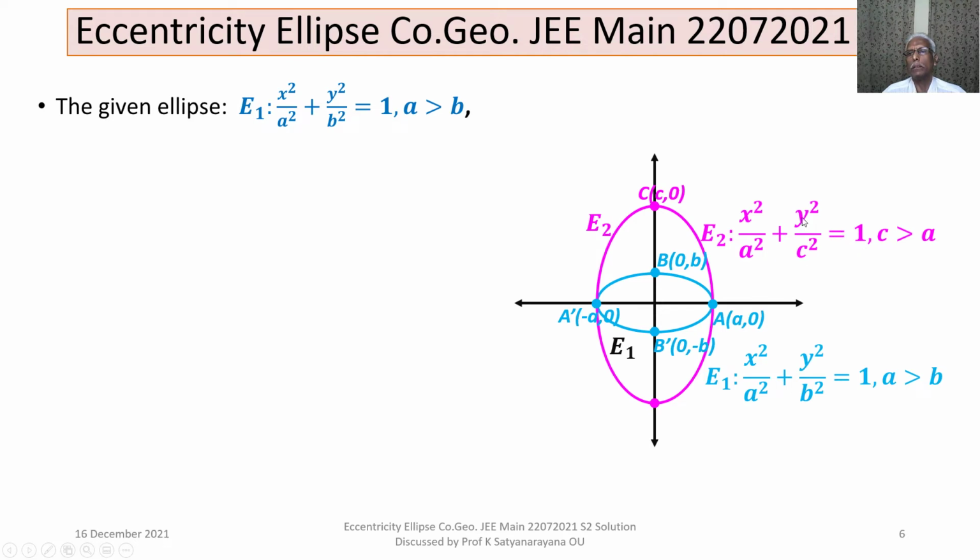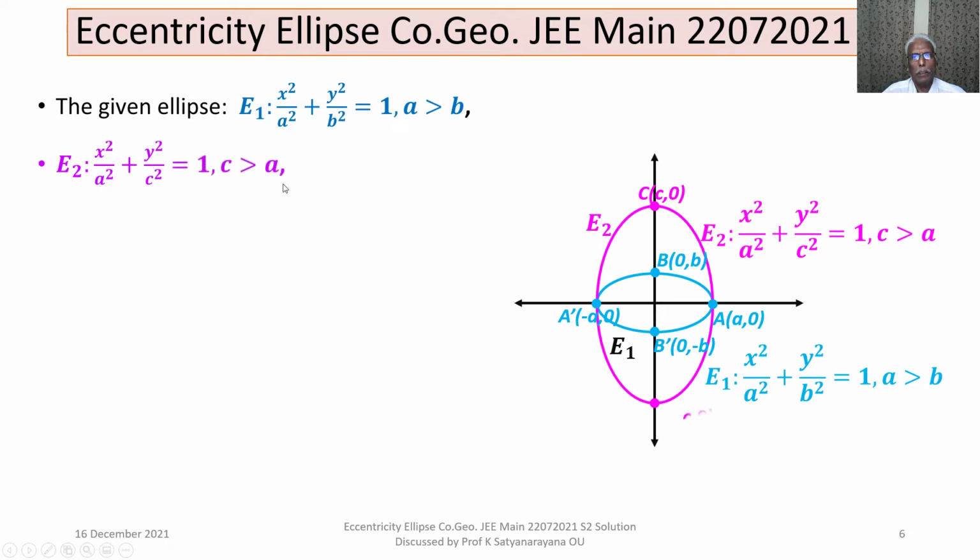If you put y is equal to 0, you will get x square by a square is equal to 1, x is equal to plus or minus a. So this ellipse E2 passes through the endpoints of the major axis of the earlier ellipse E1, and c is greater than a.